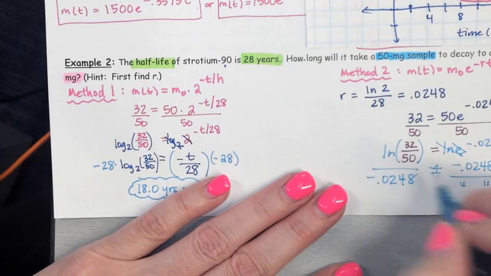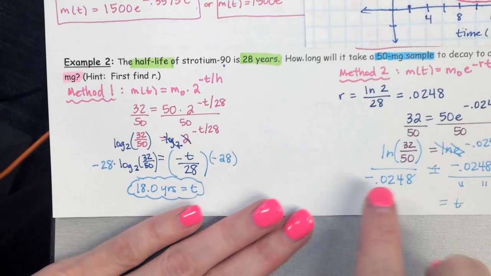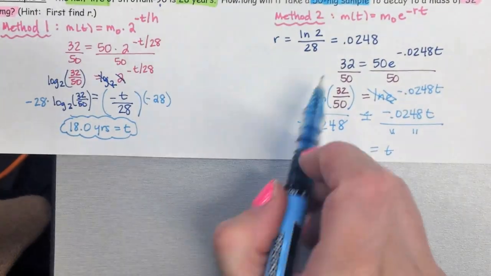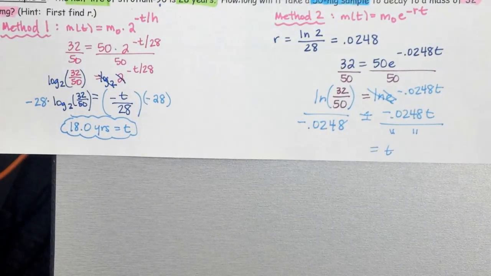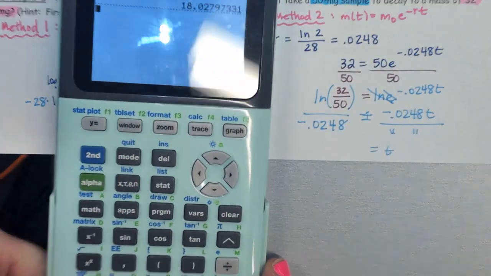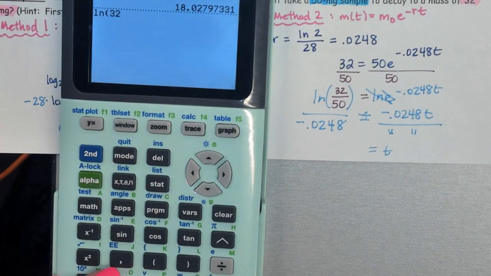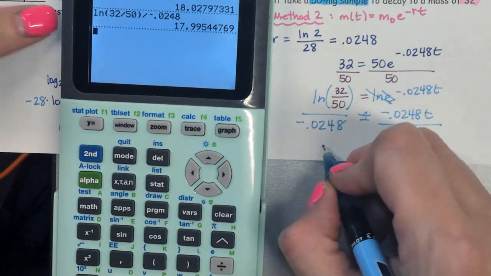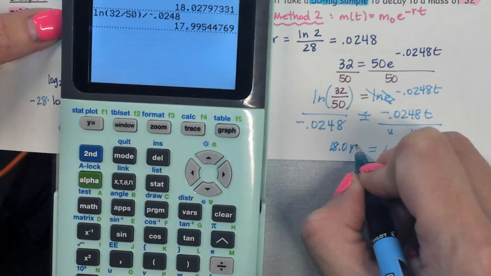What I'm really checking for is that I can see what you divided to get your final answer. So here I can clearly see that you're taking the natural log of 32, dividing by 50, dividing by 0.0248. And again, if we're rounding to the nearest tenth, that is going to be 18.0 years.